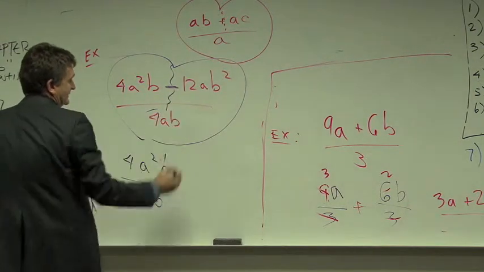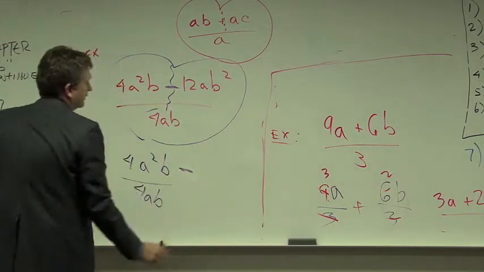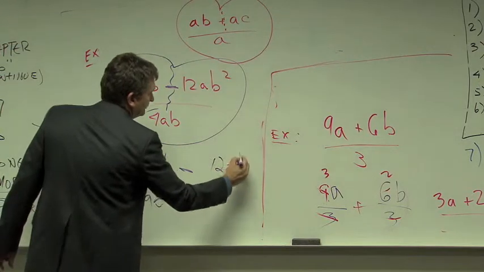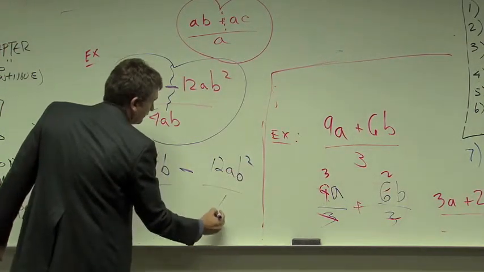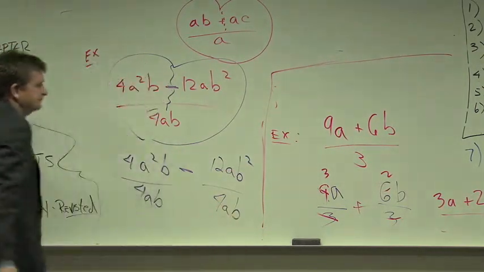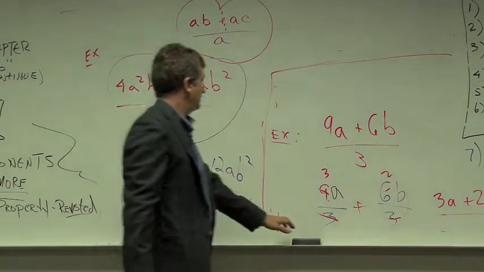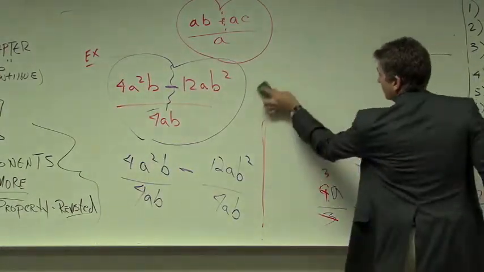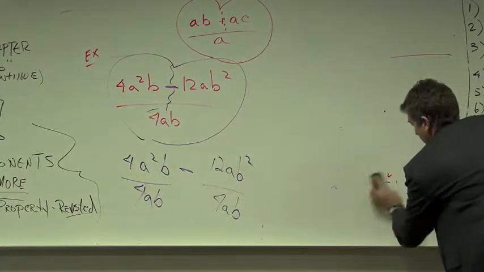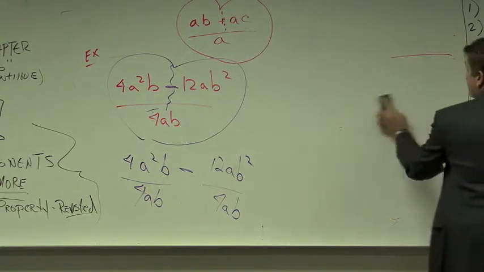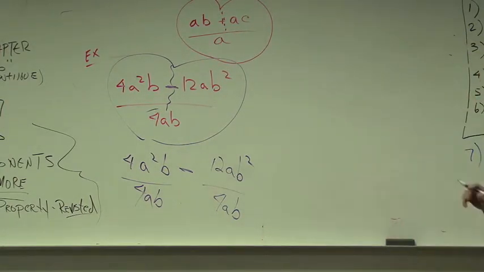Now I got a minus, and the minus comes in here. And so now I got 12AB squared all over 4AB. Okay. Everybody good so far? Did I lose anybody? Anybody out there?